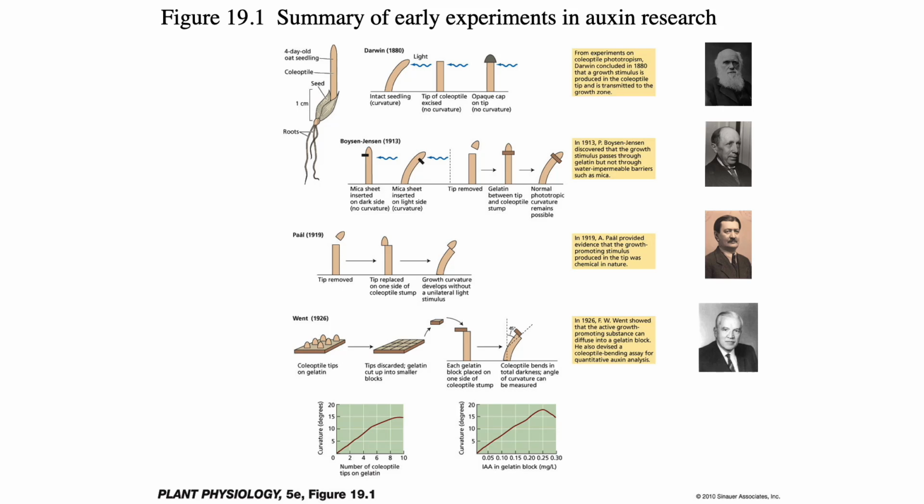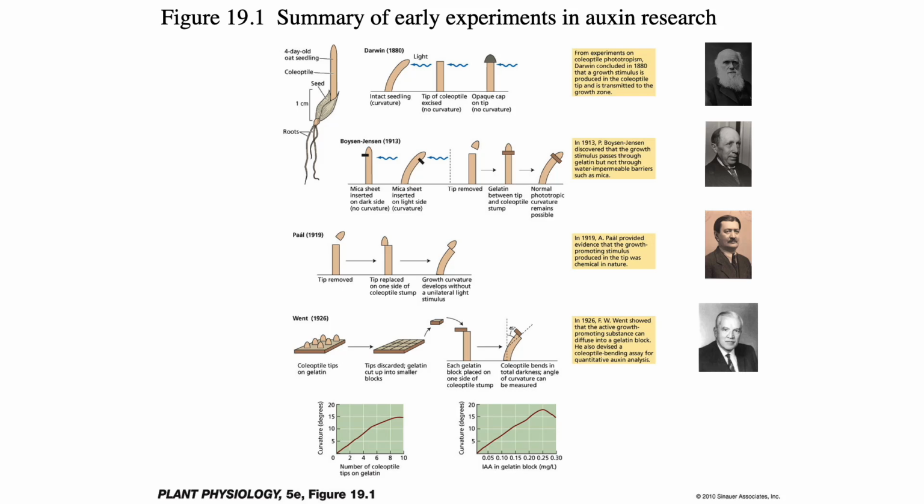He also cut the tip off and placed a piece of gelatin between the tip and the coleoptile stump. The coleoptile continued to bend towards the light. He concluded that this growth stimulus was chemical in nature and passes through gelatin, but not through water-impermeable barriers such as mica.